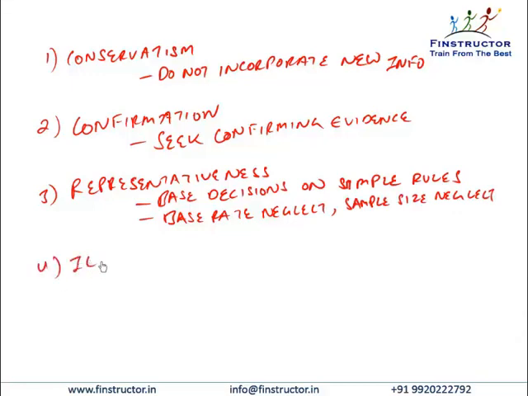Fourth was illusion of control. This name is self-explanatory. Investors feel they can control the outcomes when they actually cannot. And the last one was called hindsight. That is, with the benefit of hindsight, outcomes always look reasonable. So you justify your mistakes also by saying that it was just a marginal miss or a marginal oversight.